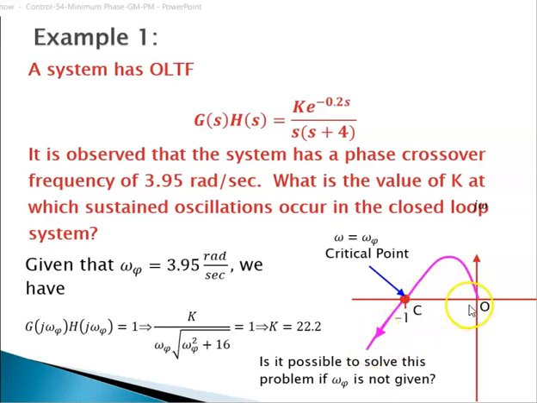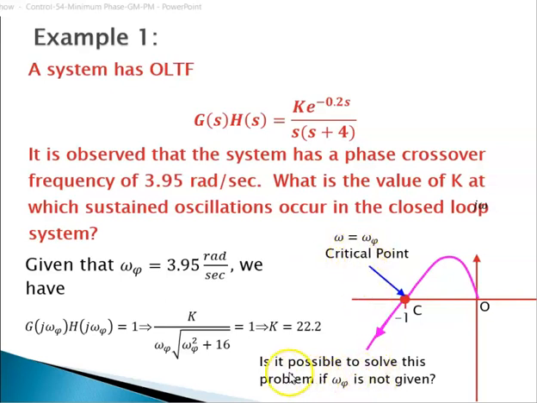So at this point, the magnitude is equal to 1, that is, G(jω_φ)H(jω_φ) is equal to 1. So K divided by all this is equal to 1, and K is equal to 22.2. It is a very small, silly problem that tries to illustrate that this minus 1 plus j0 point is a critical point, and when the curve passes through that point, we say sustained oscillations occur.